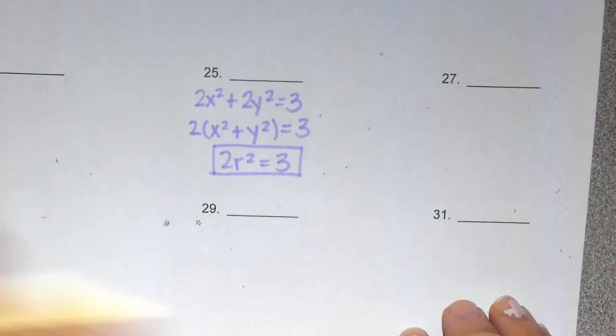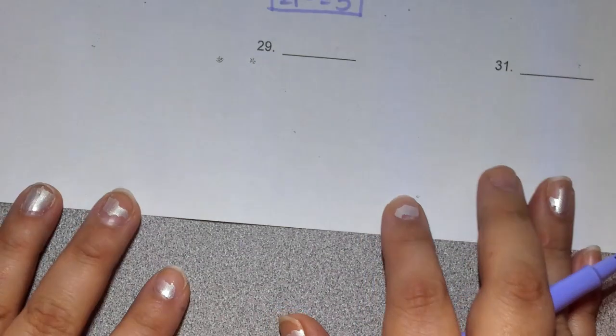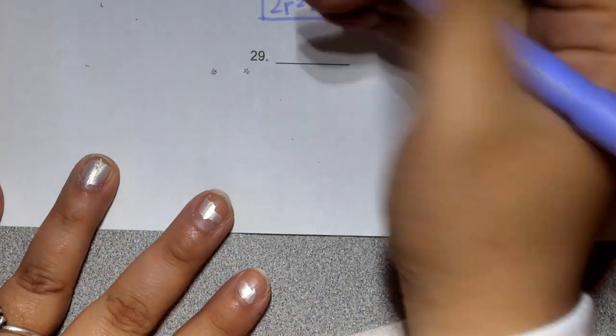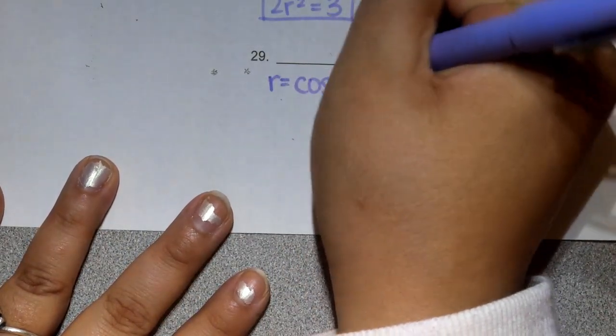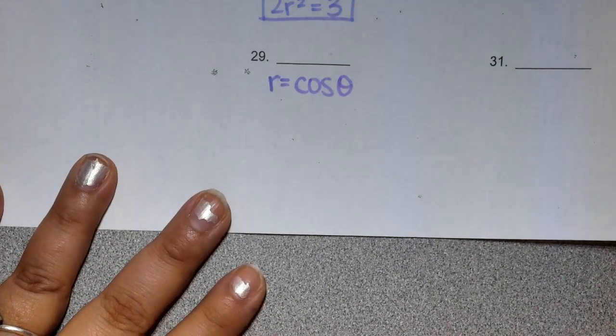You get me? Okay. All right, 27, I'm actually not going to do because it's exactly like the example, so y'all should be good. Let's do 29. This time, the letters r and theta represent polar coordinates. Can you write each equation in rectangular coordinates?